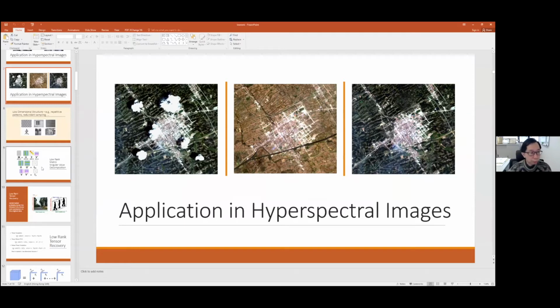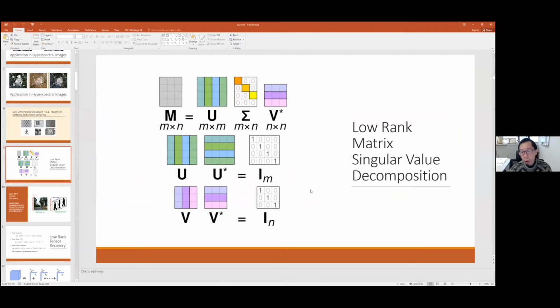discovery problem. When we talk about the low dimension structure, one of the very classical theorems in mathematics is called the singular value decomposition. Given a matrix, you can decompose it into a singular value decomposition U sigma V star.